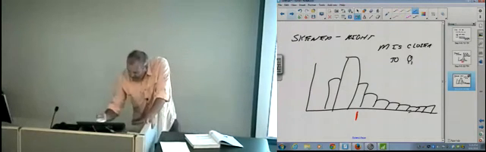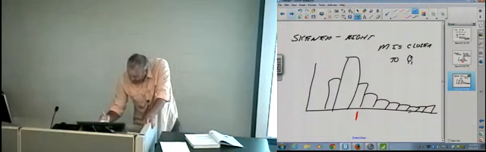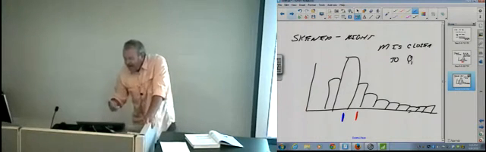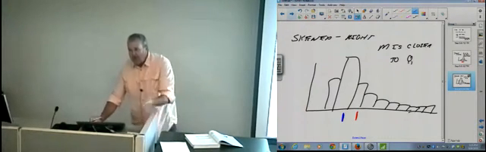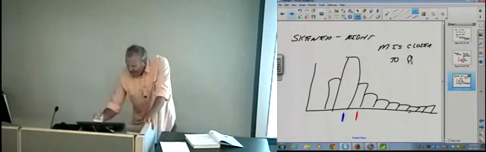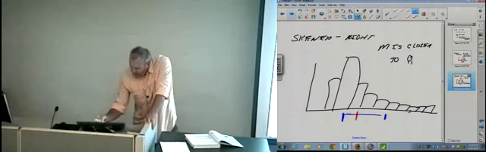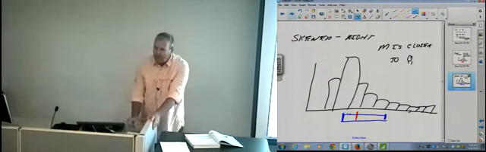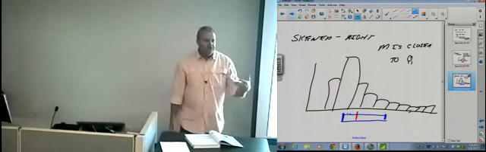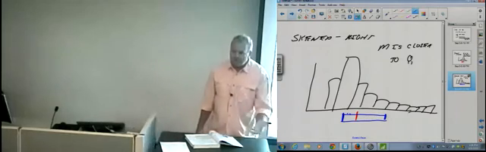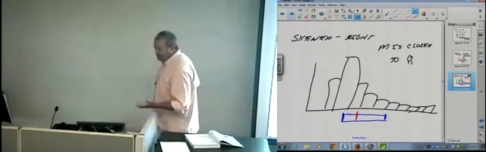No. I got to come out here somewhere for the first quartile. How far do I have to go out to find the third quartile where I have 25% between the median? I got to go out further. So when I look at that little part of the box plot, notice the median is closer to Q1, to the first quartile. All right?